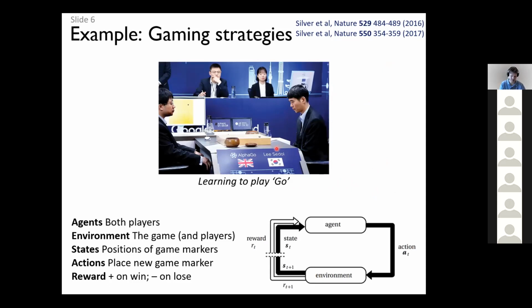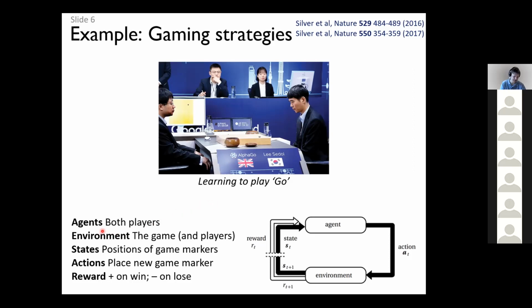And the problem with this game is that there are a very large number of different states, and also it's hard to define what a good state is. So it was believed that it would take very long before computer algorithms could surpass humans, but using reinforcement learning in combination with some tree searches to define good states, the researchers at Google managed to beat the world champion in Go.